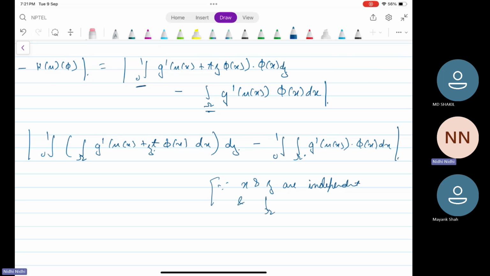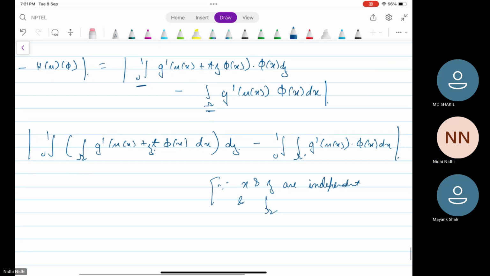And the integral over Ω of g'(u) times φ is some constant. So eventually we are integrating this constant term from 0 to 1, and that will again give us the same constant.